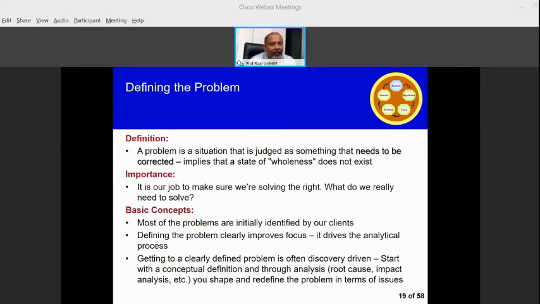But if we are very blurred about the problem, the solution will not be the right solution. How can we reach the destination if you are not sure where you want to go?